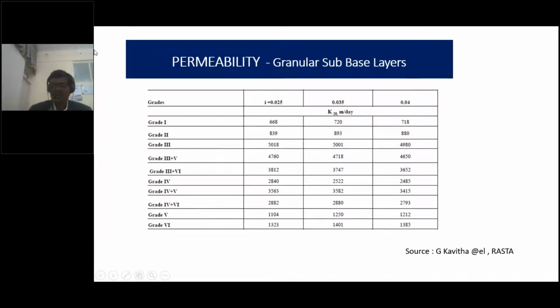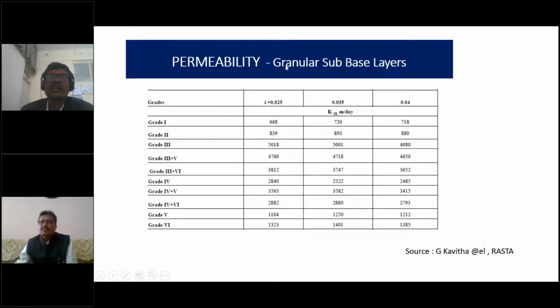Then come the granular layers. After talking about the soil layers, again this granular layer is a sub-base layer. The GSB layer is common to both asphalt pavement as well as concrete pavement, a very important layer. Apart from the load bearing role, the main function is drainability, removal of water from the pavement system.